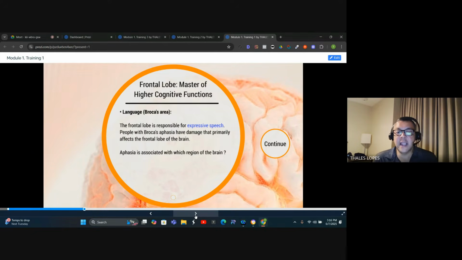If someone has Broca aphasia, they have damage primarily in the frontal lobe. Now remember that all the lobes are connected, so sometimes damage in one lobe may also cause damage in the other lobe, but primarily the Broca area, expressive speech, is part of the frontal lobe of the brain.